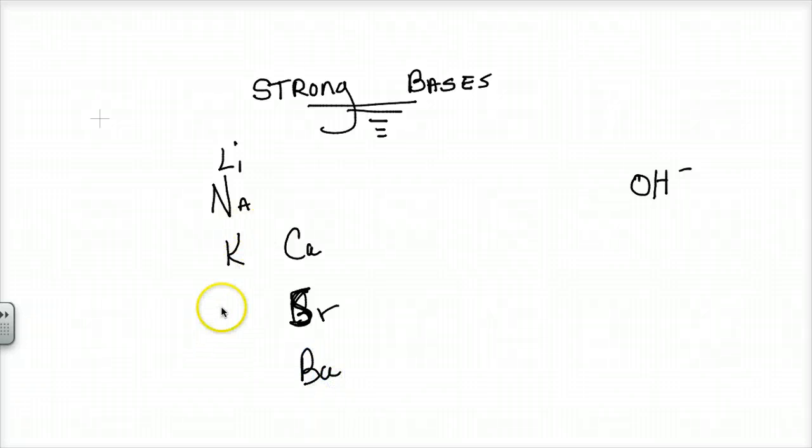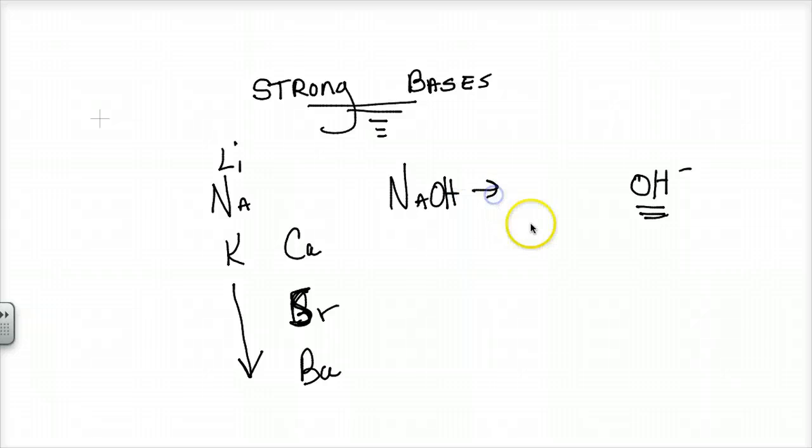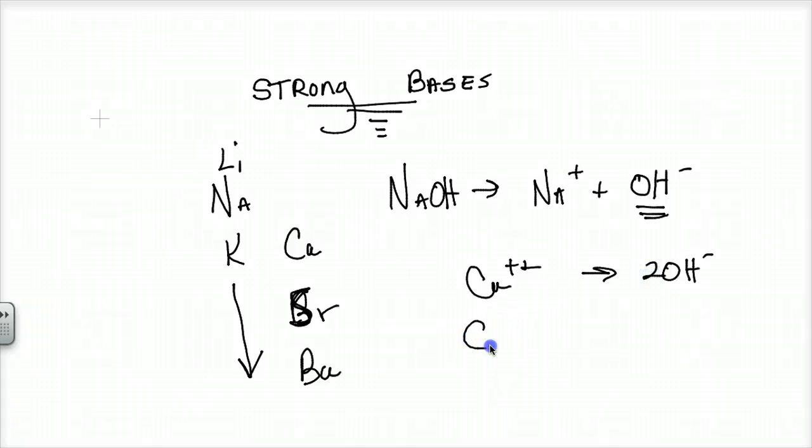So all of our group 1 ions are going to make hydroxide soluble as a salt, like sodium hydroxide completely dissociates into the ions. And of course calcium plus 2 will dissociate into 2 hydroxides when it is calcium hydroxide, and so would strontium and barium. But these guys are not quite as soluble.